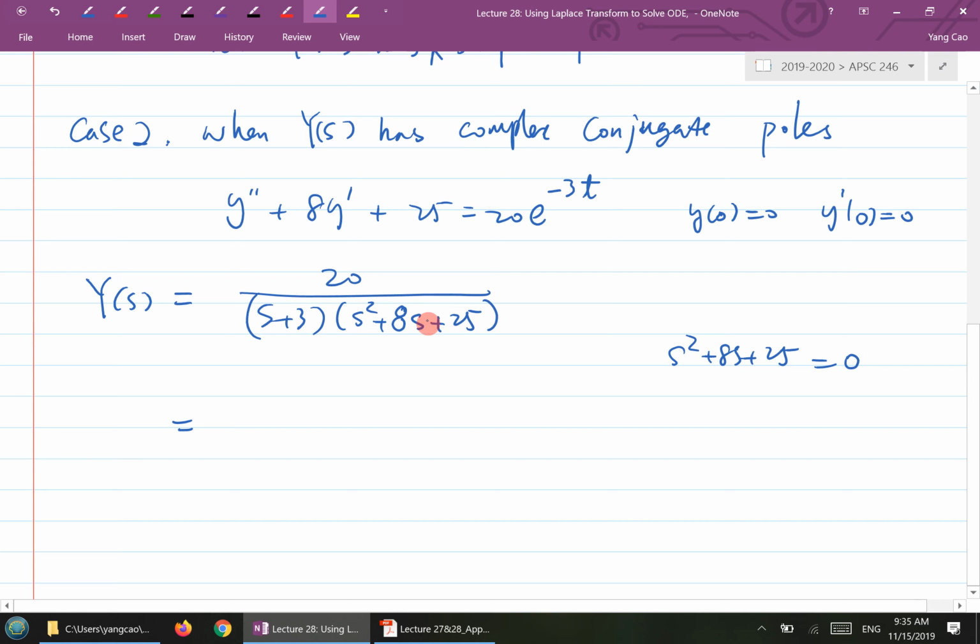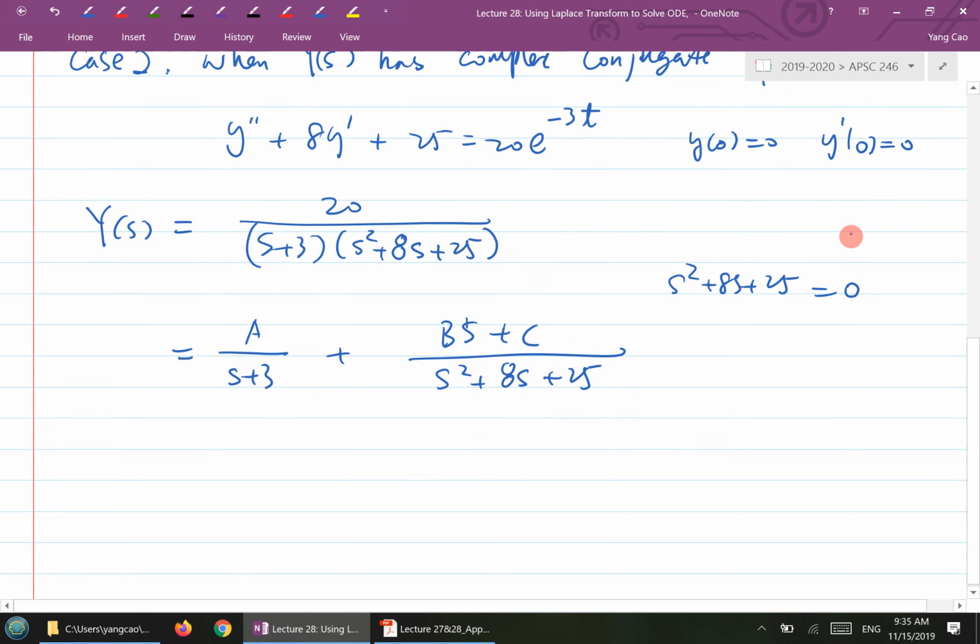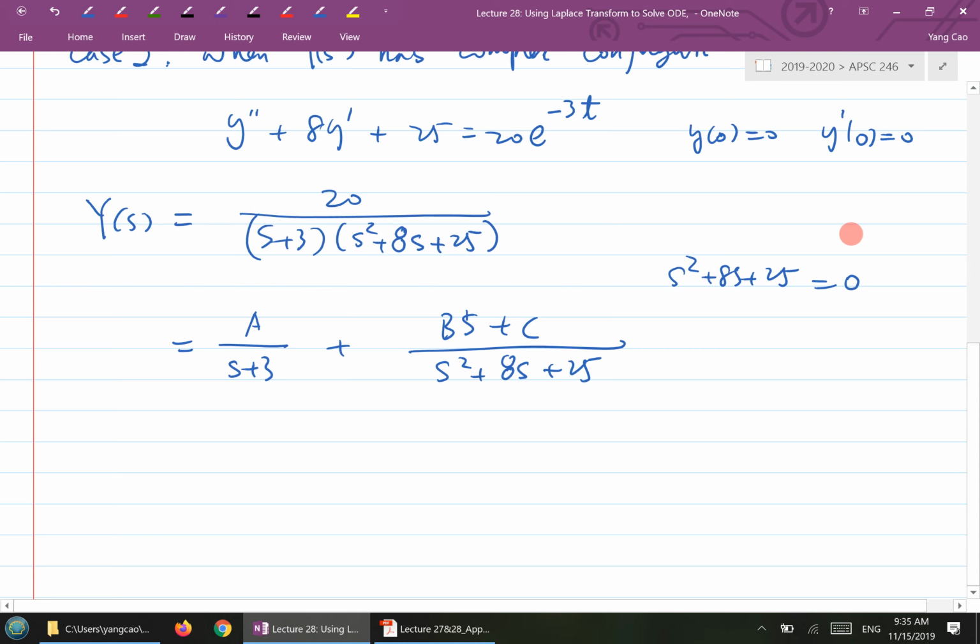If that's the case, we're not going to do anything to this; we'll leave it as it is. So the partial fraction expansion here will be A over s plus 3, and then Bs plus C over s squared plus 8s plus 25. This is how you treat the term s squared plus 8s plus 25.